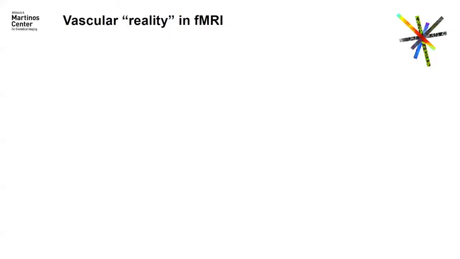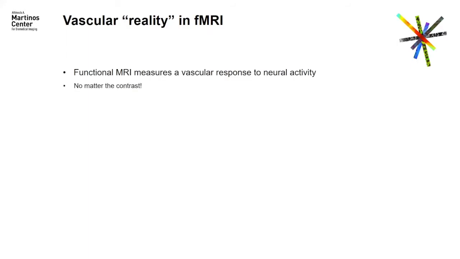And basically, when I joined John Polimeni's lab here, he introduced me to the vascular reality of MRI. Everything we measure in functional MRI is a vascular response to the neural activity, and that is independent of which contrast you choose. It can be BOLD, but the same is true also for ASL or VASO.